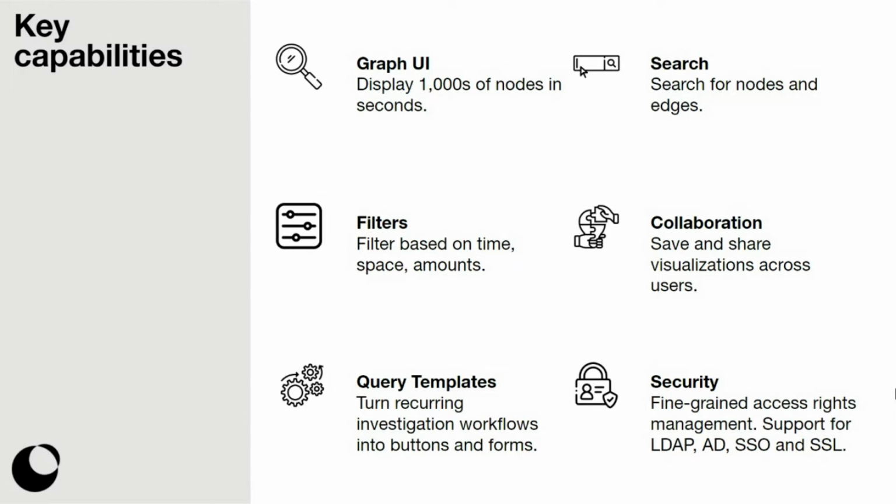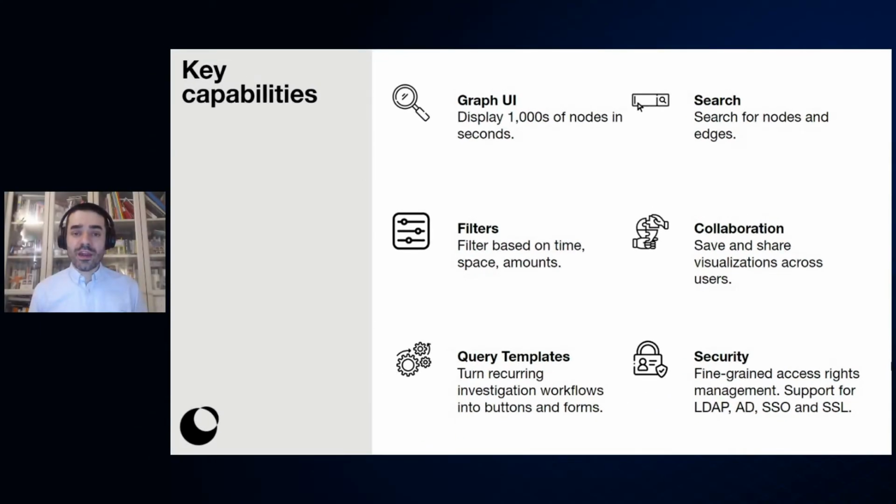It's also possible to collaborate across the insights that you can uncover in Azure Cosmos DB with Linkurious Enterprise. For example, you can save visualizations, share them, or even publish them to the web. Linkurious Enterprise also includes what we call query templates, which is a way to turn repetitive investigation workflows into buttons and a form.